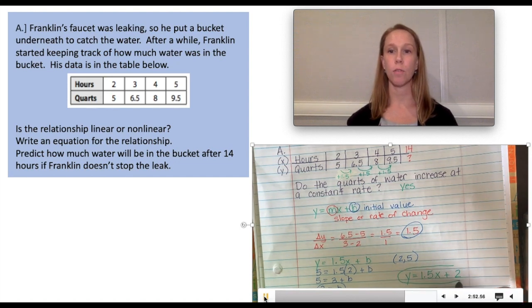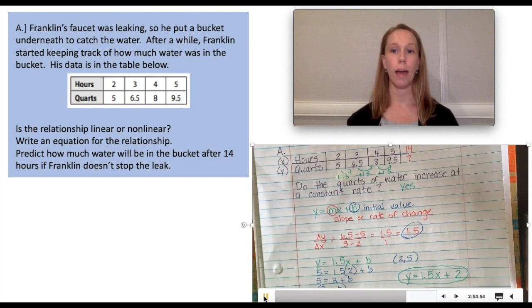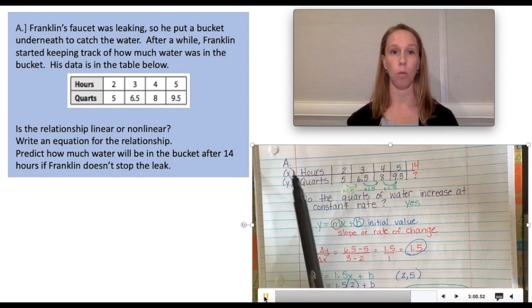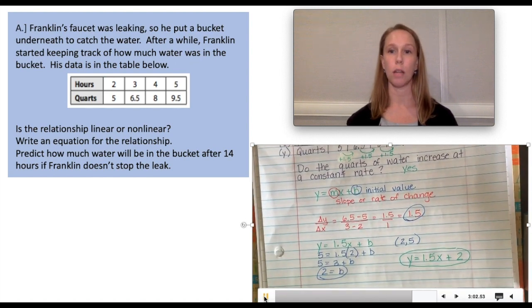So the equation for this line is 1.5x plus 2. Now I can go back and use that equation to figure out the 14th hour by plugging in 14 for x. So this time I'm going to have y equals 1.5 times 14 plus 2. And that's just a simple equation.